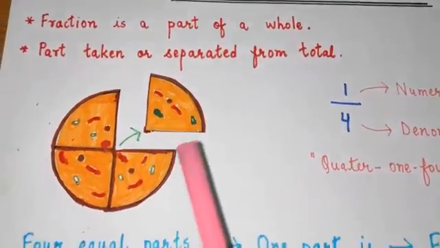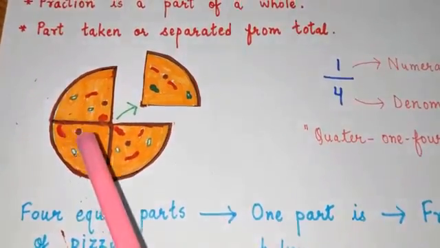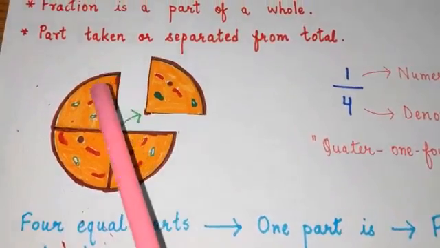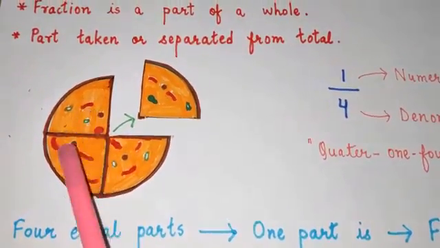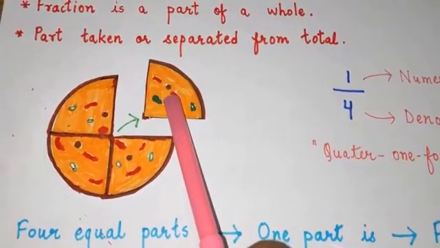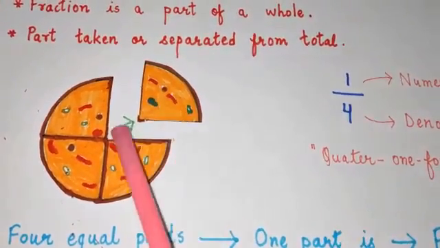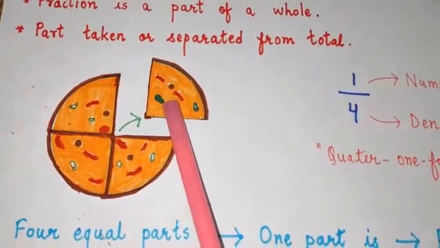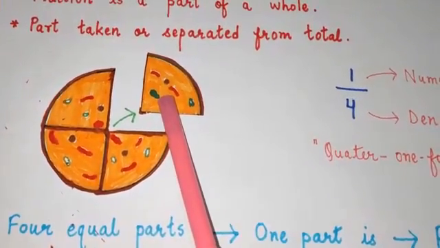Okay, so here you can clearly see that it's a pizza, and how many parts are there in total? 1, 2, 3, 4. And suppose I have taken or eaten one part from it.